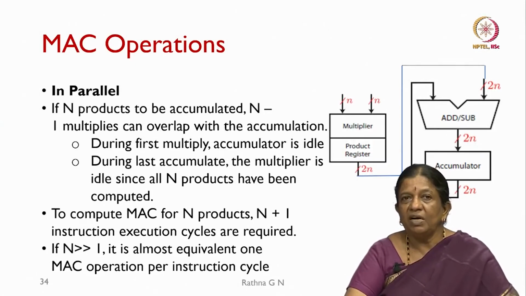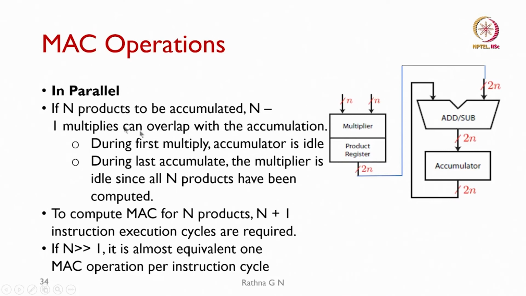So, coming to MAC operations, we said that in parallel this is what is going to happen. So, what are the things we needed? If n products are to be accumulated, we know that we need n minus 1 multiplies that can overlap with the accumulation. That is, during the first multiply, the accumulator is going to be idling.